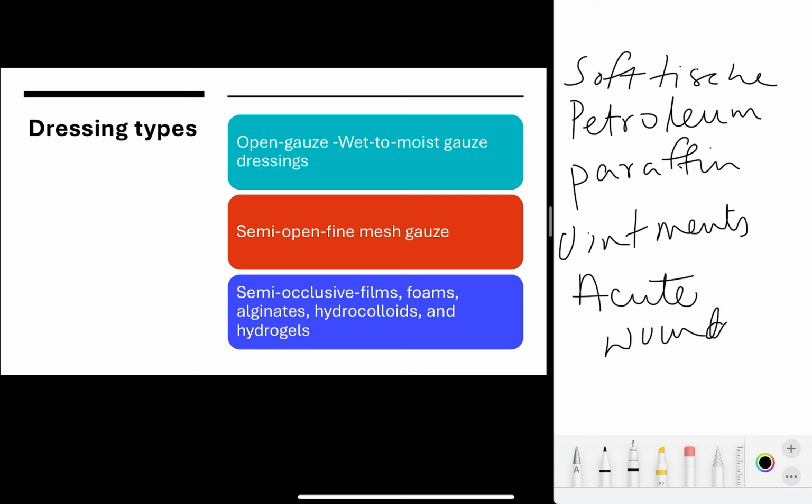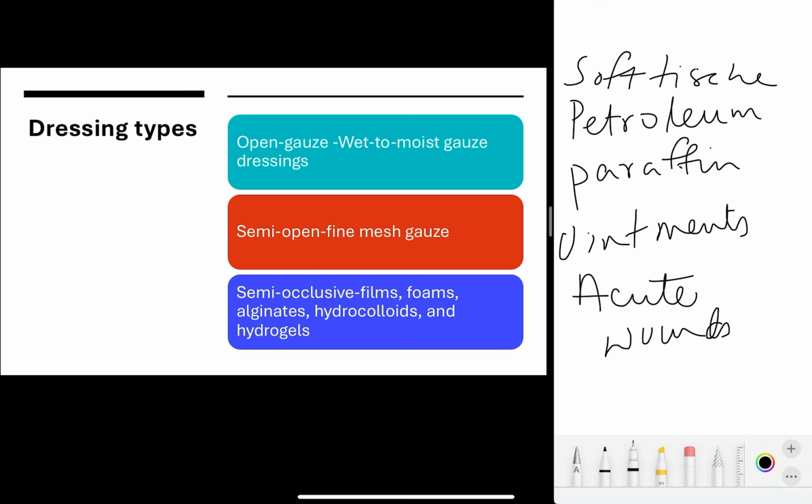Semi-occlusive dressings include films, foams, alginates, hydrocolloids, and hydrogels. These dressings are sometimes known as synthetic adhesive moisture vapor permeable dressings, and some of the common names are Tegaderm, QT film, blister film, etc.